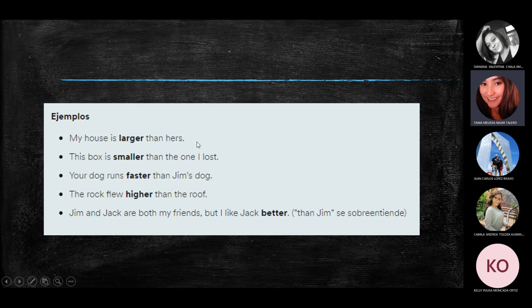In this case, hers. So, who wants to explain to me why we have er in the first one, larger, and not more large than hers? Who can explain the first part according to what you remember?